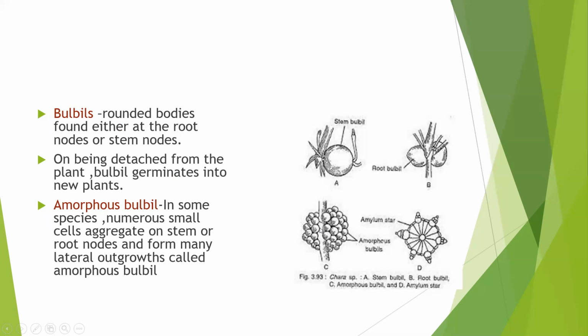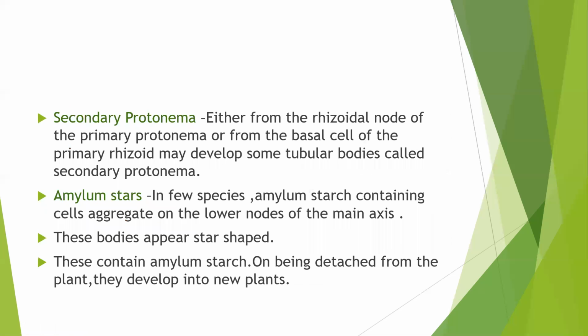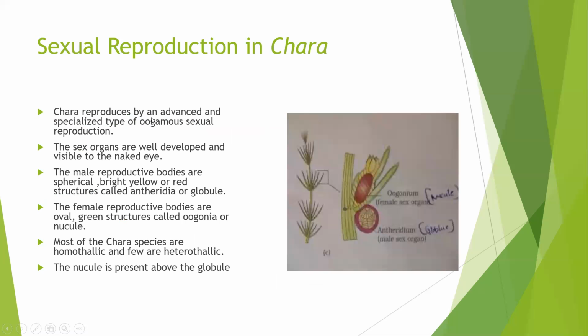In some species of Chara, numerous small cells aggregate on stem, root or root nodes and form many lateral outgrowths called amorphous bulbils. These amorphous bulbils get detached from the parent plant and give rise to new plants.